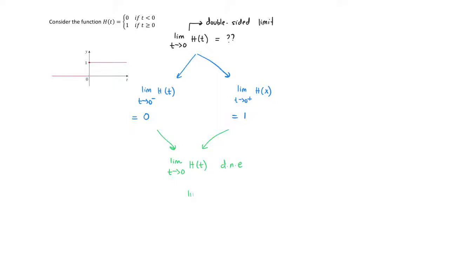Because the limit as t approaches 0 from the left of h of t doesn't equal the limit as t approaches 0 from the right of h of t, right? 0 doesn't equal 1. So the one-sided limits beautifully exist, but the double-sided limit doesn't exist because the one-sided limits are unequal. That's all that it means.